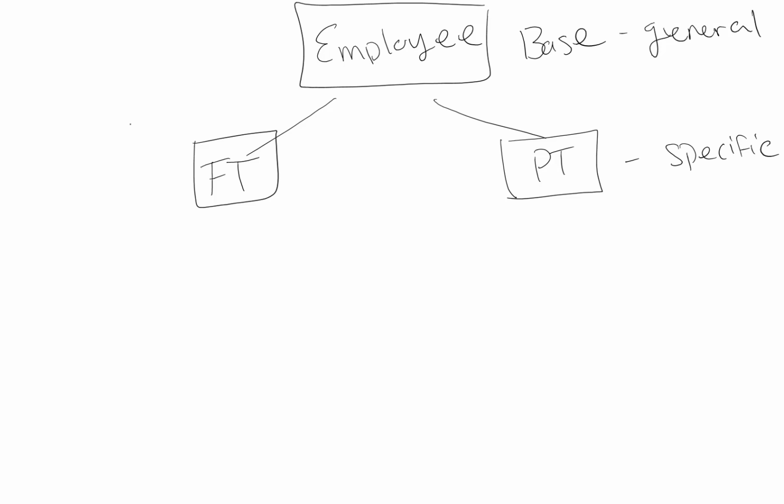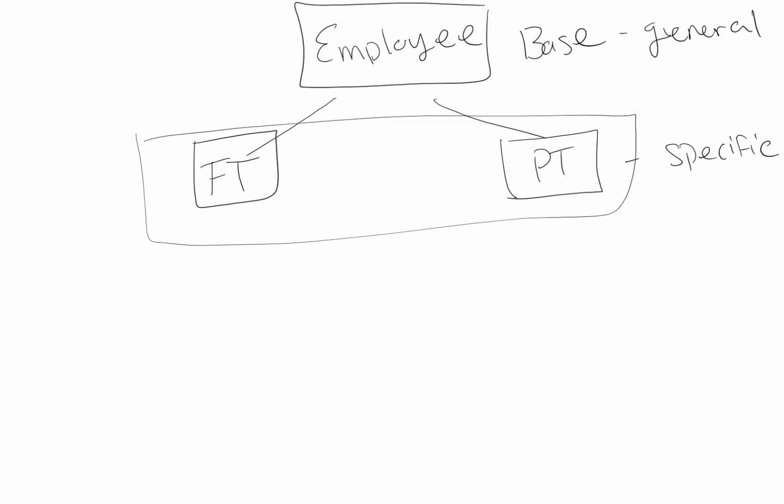And so each one of the derived classes that I would create would be for a specific type of employee. So in this case, I have full-time employees and part-time employees. I could go deeper and create derived classes underneath these, making effectively new base classes, but for the sake of this example, we're just going to stick with the two.